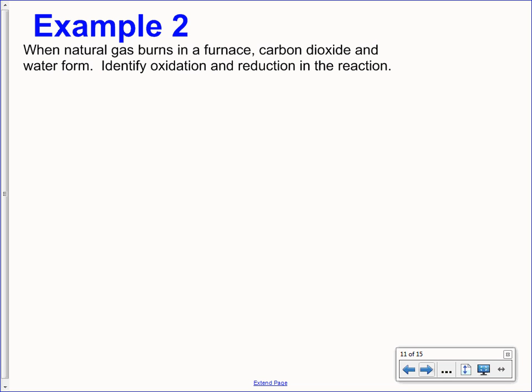In the second example, I'll let you guys work that out. But in the second example, you're asked to identify the oxidation and reduction in the reaction when natural gas burns in a furnace. And you're told that carbon dioxide and water form.